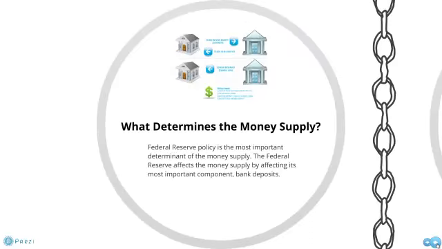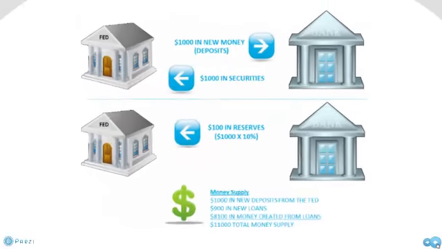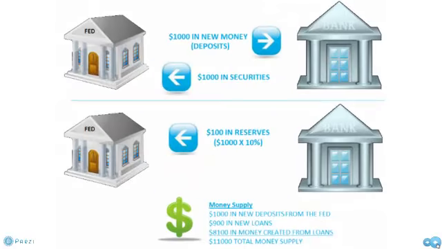What determines the money supply? Federal Reserve policy is the most important determinant of the money supply. The Federal Reserve affects the money supply by affecting its most important component, bank deposits. Here's how it works. The Federal Reserve requires commercial banks and other financial institutions to hold as reserves a fraction of their deposit liabilities.